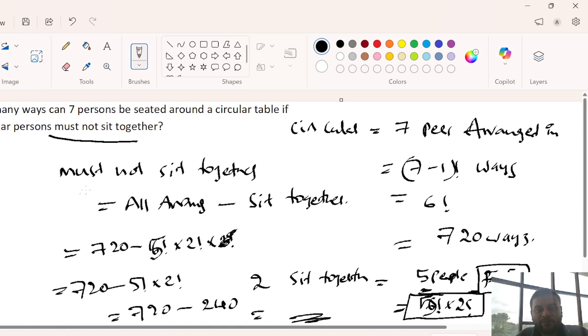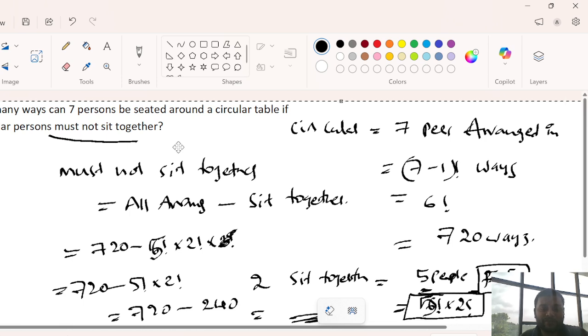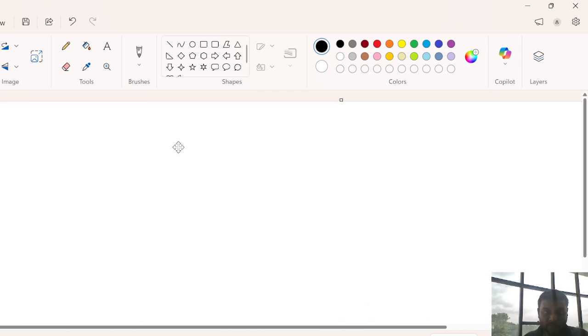Now let's see some questions from this page. I hope you understood, and don't hesitate to ask in the class, I clearly explain. First, probability.